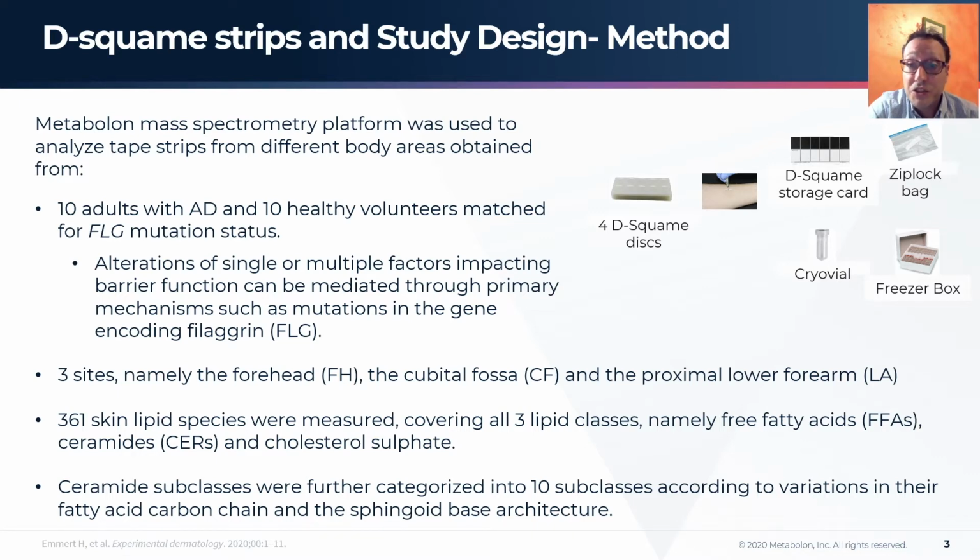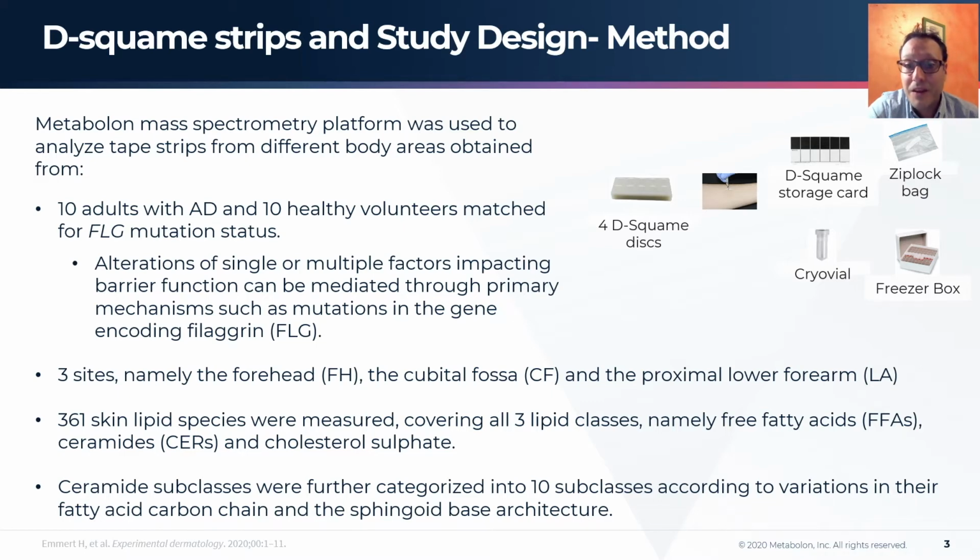It has been previously shown that the knockdown of FLG in skin model leads to increased expression of secretory phospholipase A2, which converts phospholipids into fatty acids. In turn, free fatty acids accumulate and contribute to less ordered intracellular lipid lamella and higher permeability in FLG knockdown skin constructs.